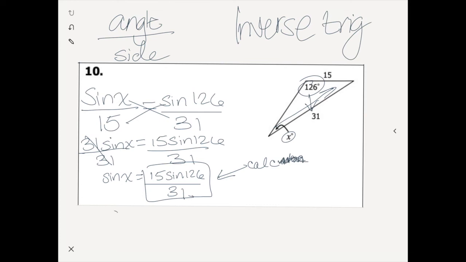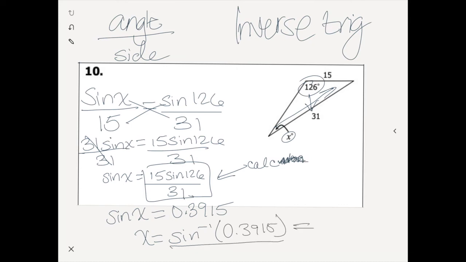And you're going to get the sine of x is equal to 0.3915, which means x is the inverse sine of 0.3915. Put that in a calculator, and you will get 23 degrees for x.